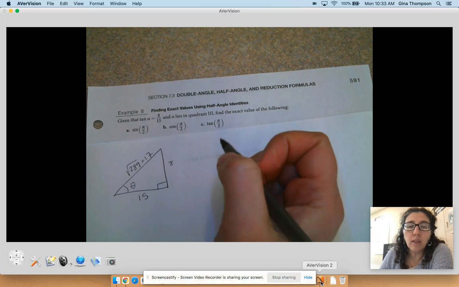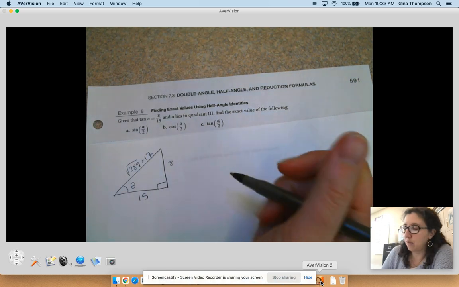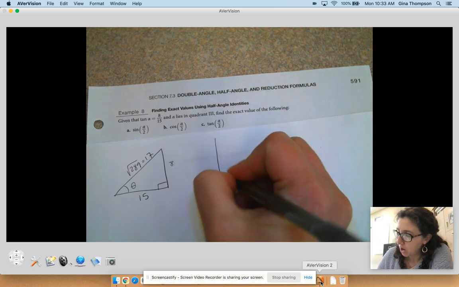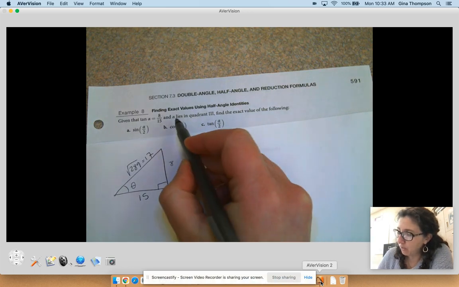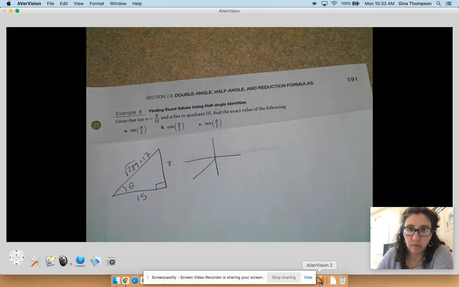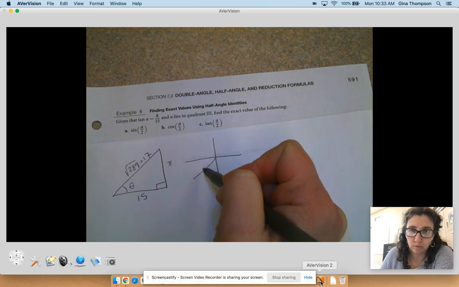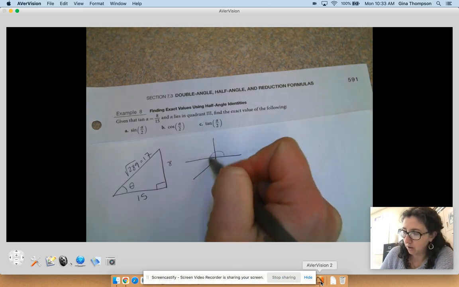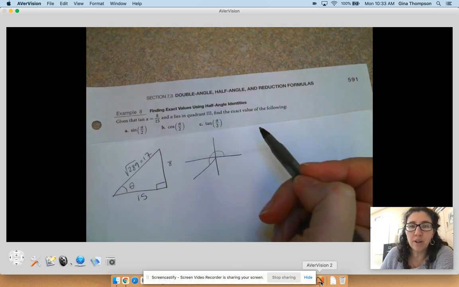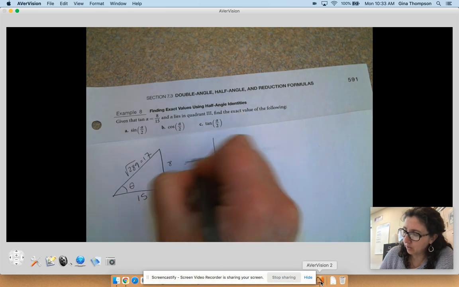Here's the other important thing that we have to do when we're using half-angle identities. They tell us that our alpha is in quadrant 3, somewhere over here. We don't know where. What's going to happen when we divide this in 2? This is our alpha. Where is alpha divided by 2 going to be? Let's think about the edges of this.